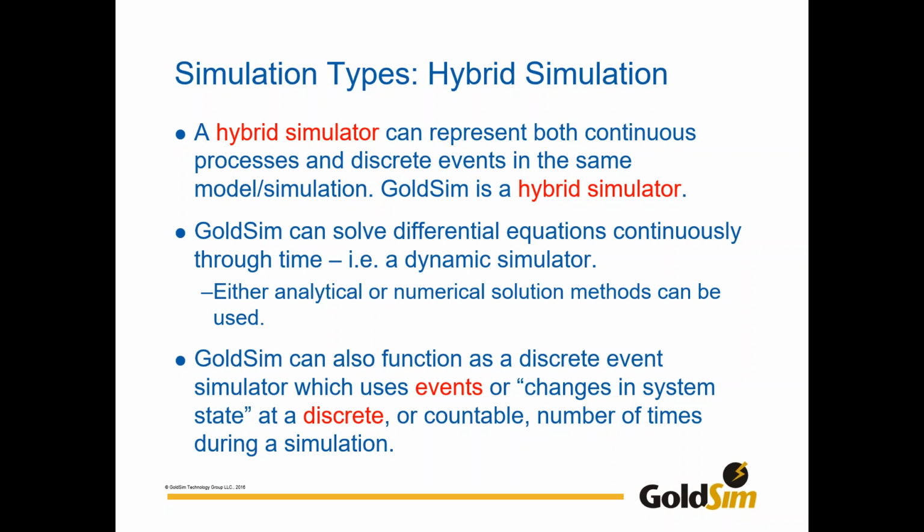And we've seen examples of both. We've seen GoldSim working on dynamic models and just marching through time. And we've also seen GoldSim just dealing with discrete events. Okay? So there's no reason you can't combine those two things into a single model to make a hybrid simulation. And that's generally one of the advantages or one of the strong points of using GoldSim.